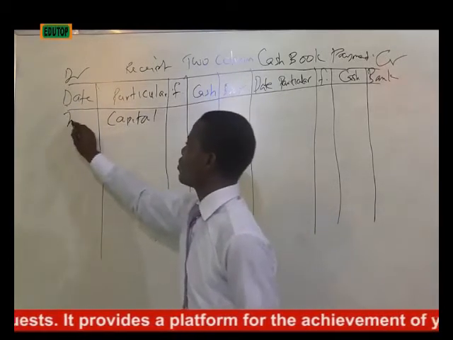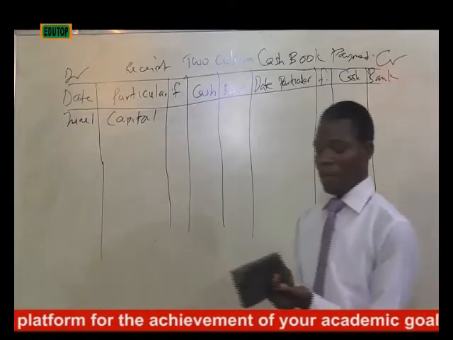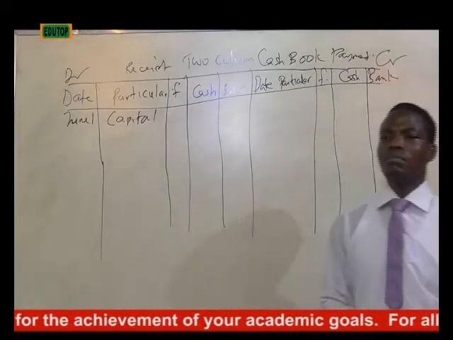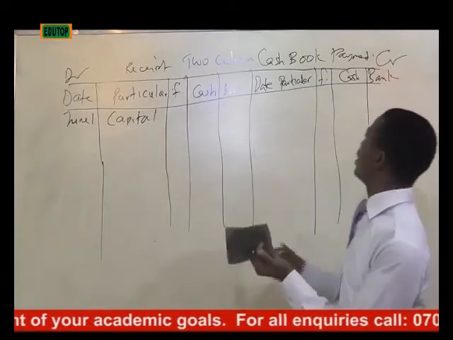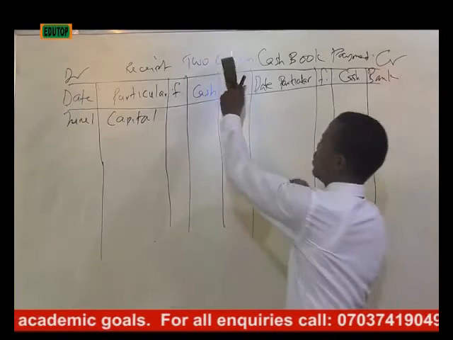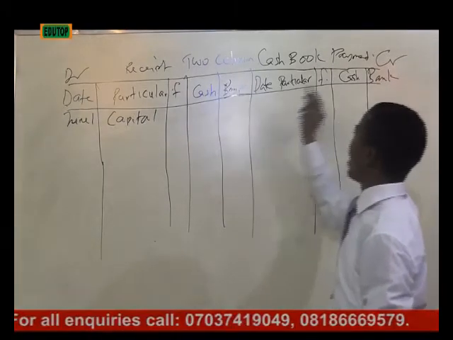June 1, you start the business with cash. So now, here we have a cash and a bank.